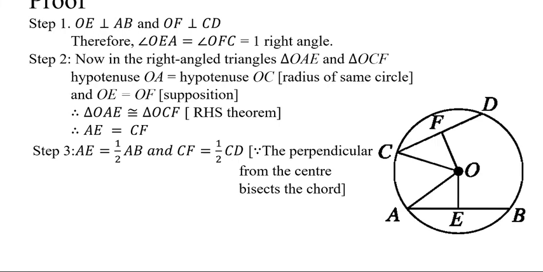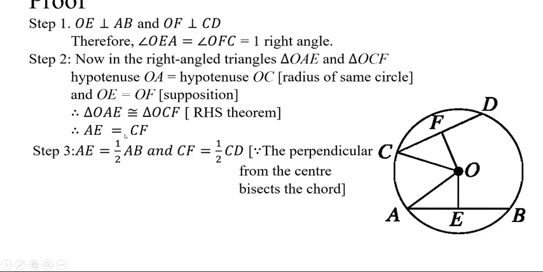Third step, AE is equal to half AB and CF is equal to half CD, since the perpendicular from the center bisects the chord. Using this theorem, we can write this. Now, half AB means AE and half CD means CF.